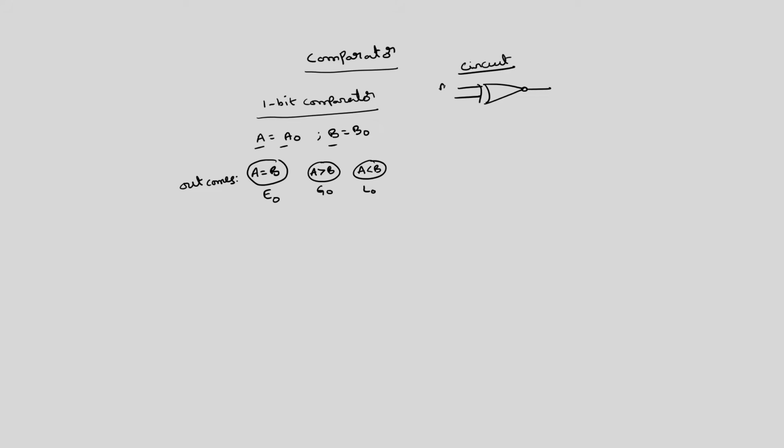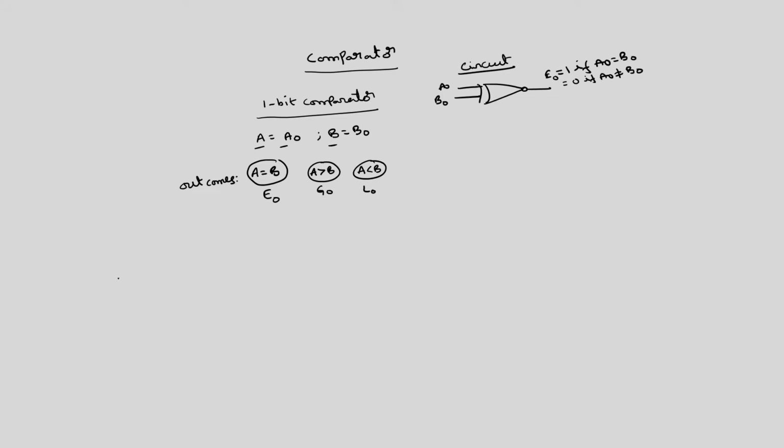If I give A0, B0 as the input, you will get output E0. E0 is equal to 1 if A0 is equal to B0, otherwise 0. This is equal to 0 if A0 is not equal to B0. This you can easily verify.